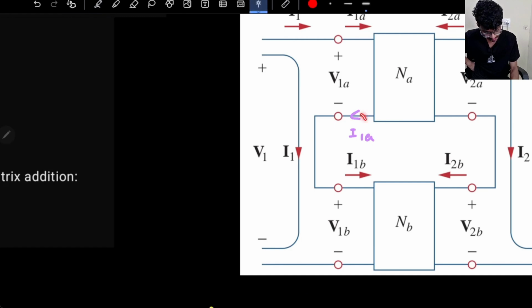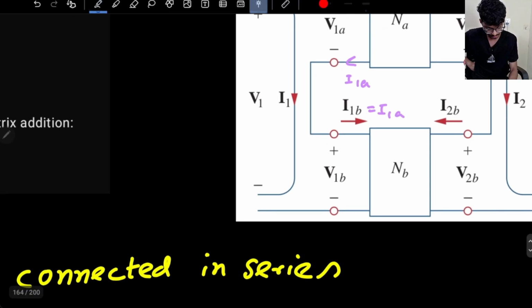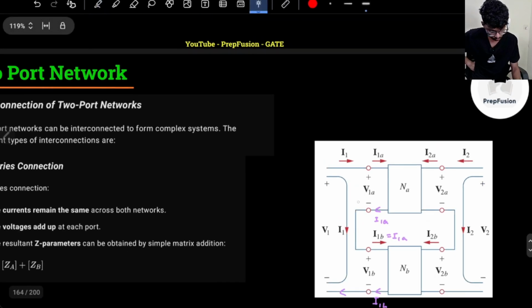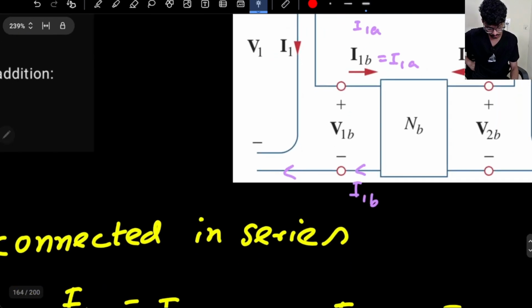Now this is interconnected to the input of network B, right? So basically your I1A and I1B are same, and the same current is coming out here. I1B should come out here, right? This is the overall port of the network, so whatever current comes in, same current should go out.